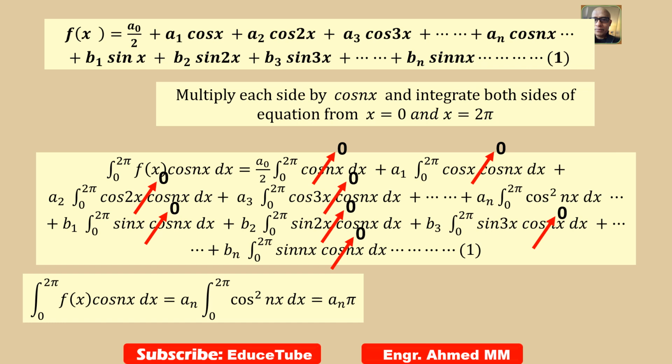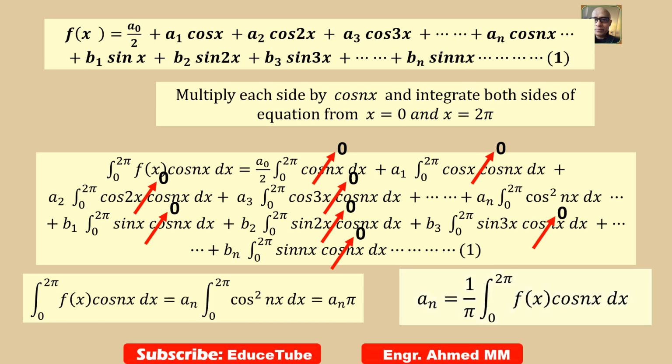So easily transposing, we can write an equal to this. So we got an. Now in the next slide we will find bn. So let's move.